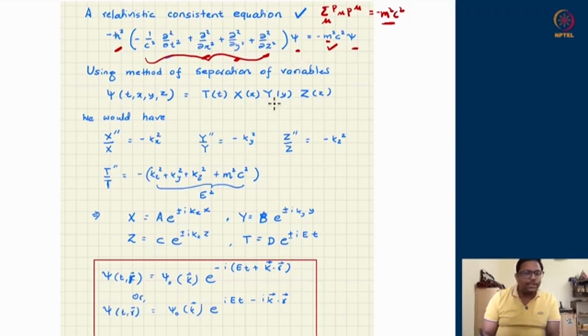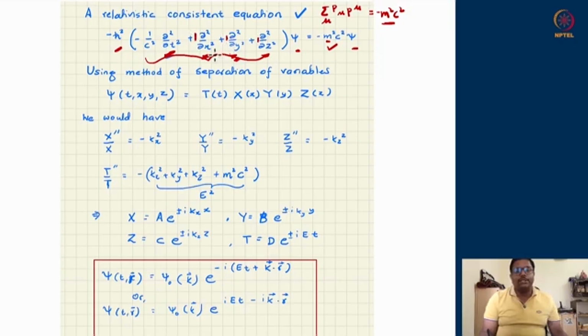Now looking at the structure of this differential equation, the double derivatives with respect to time, x, y, and z appear separately; there are no mixed derivatives like del t del x or del x del y. Also the coefficients of all these double derivatives are constants: 1 over c square here, 1 here, 1 here, and 1 here.